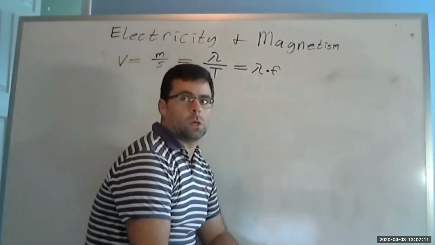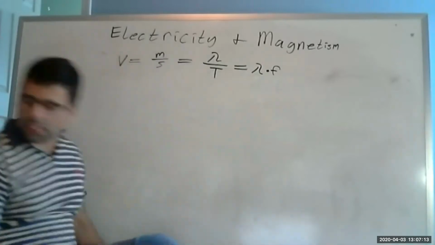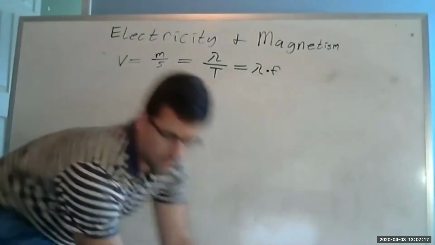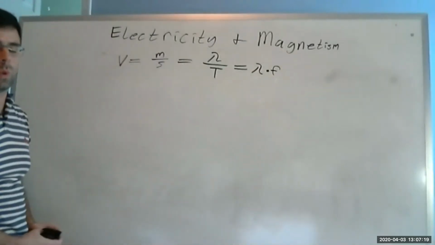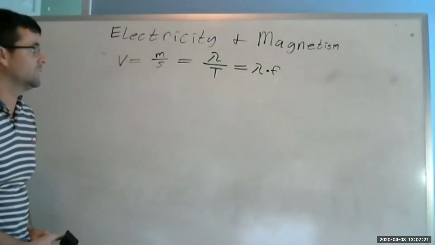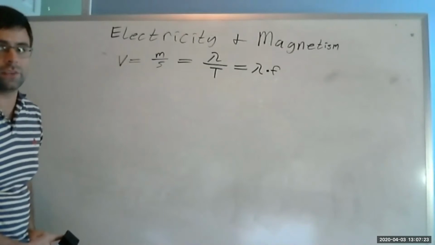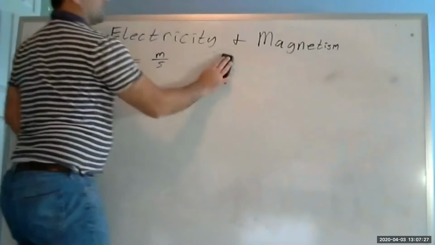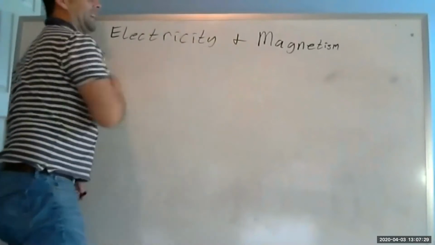So electricity and magnetism come together to form waves of light. And these waves are very, very special. We won't get into how they're made too much.